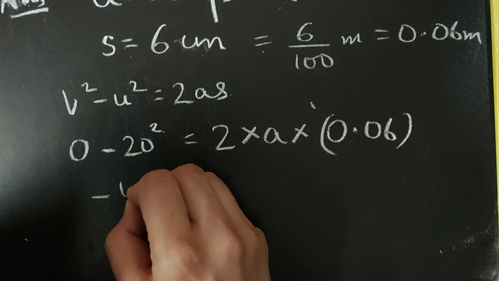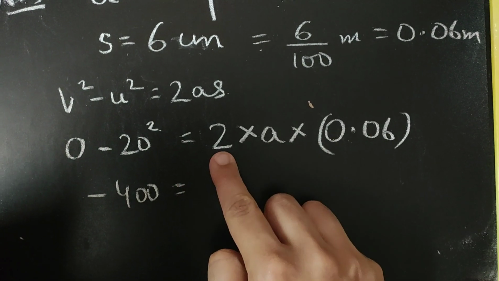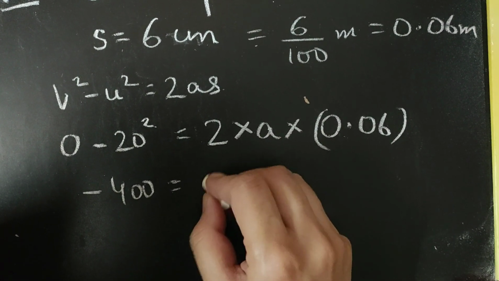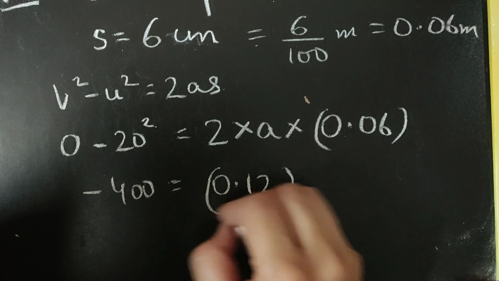So this would be minus 400 is 2 into 0.06, that would be 0.12 into a.